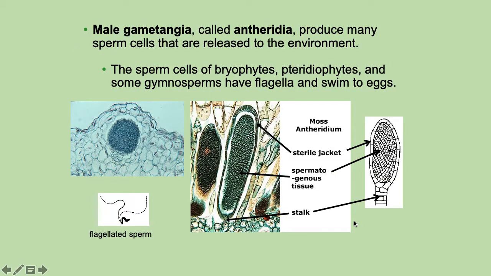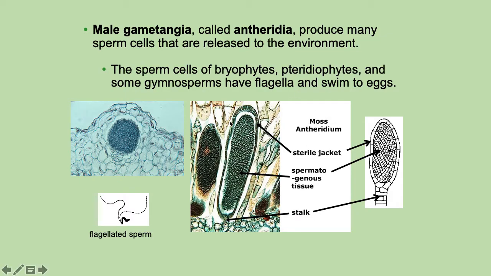So here's the male side, the antheridia. They can be released through wind or water, but as you can see here, the sperm is flagellated. So which method, air or water, do you think it's going to use? Air or water? Like, if it's flagellated? Water. A lot of times they just need a raindrop, and they can swim great distances.